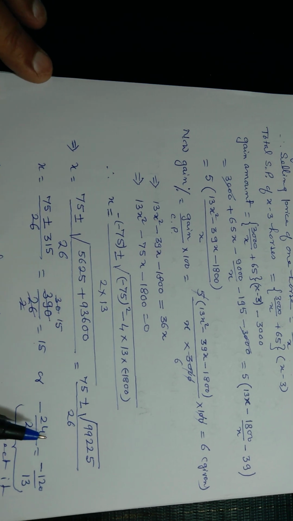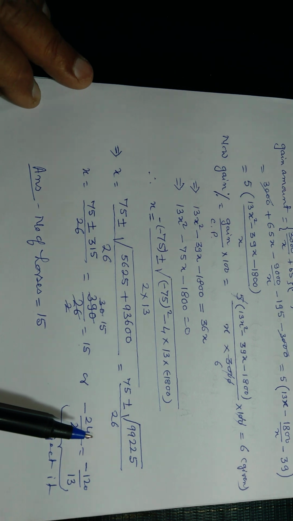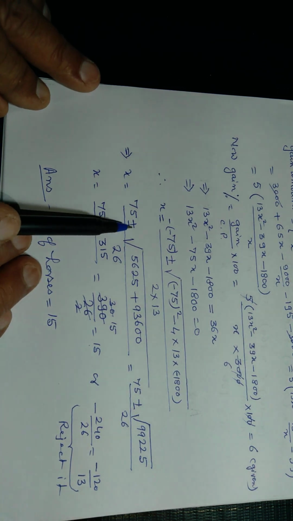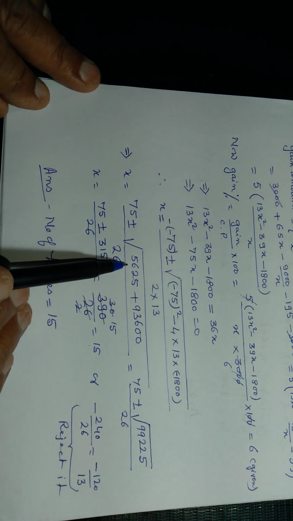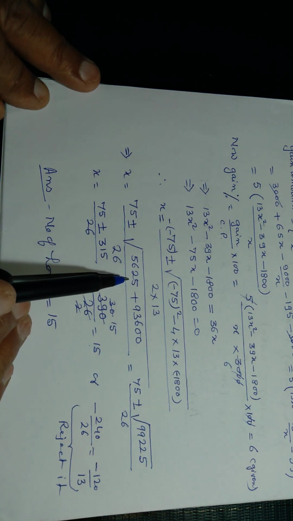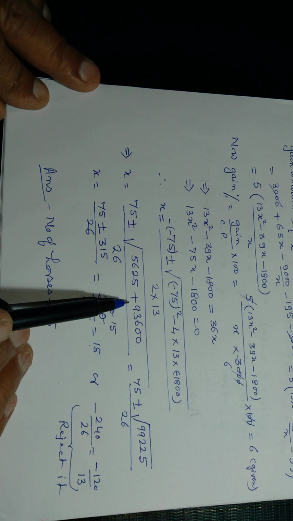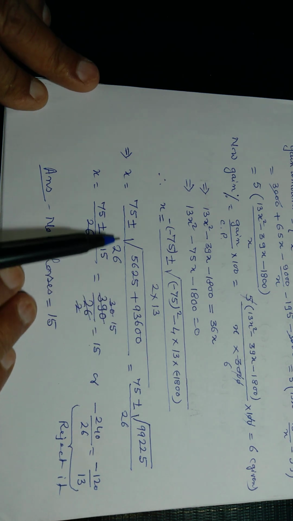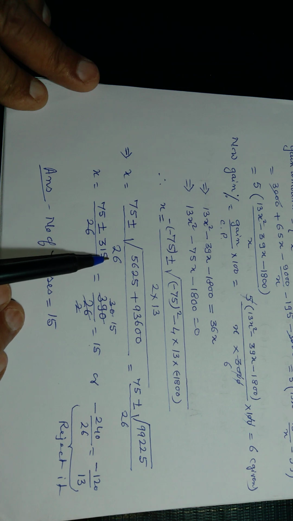So if you further solve it, the x will be equal to 75 plus minus root 5625 plus 93,600 whole divided by 26.